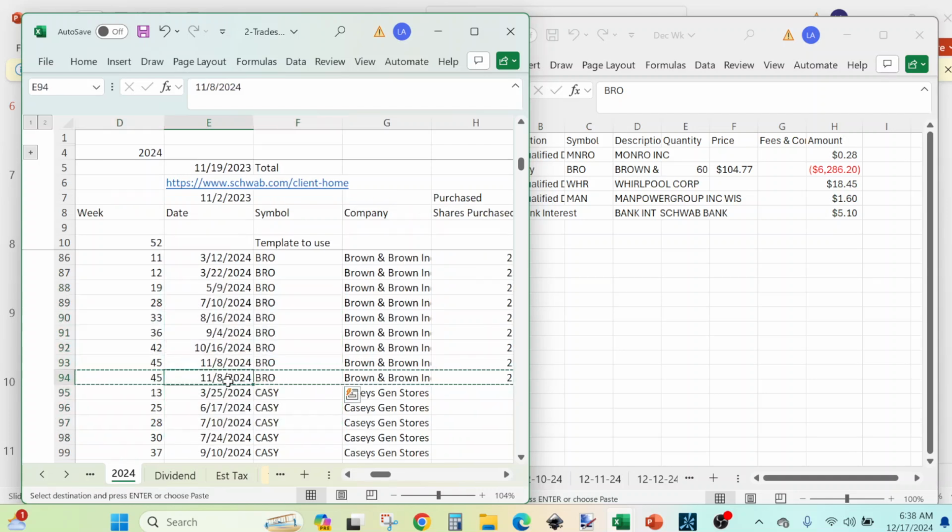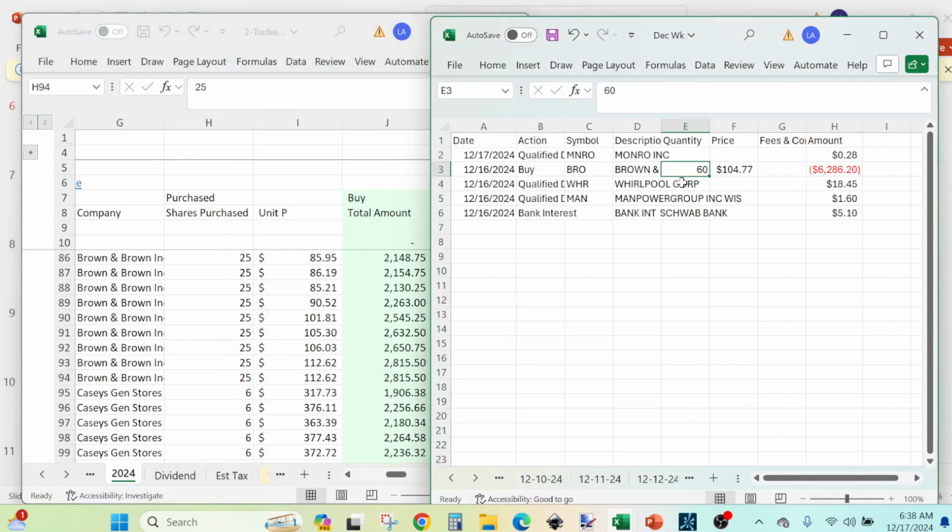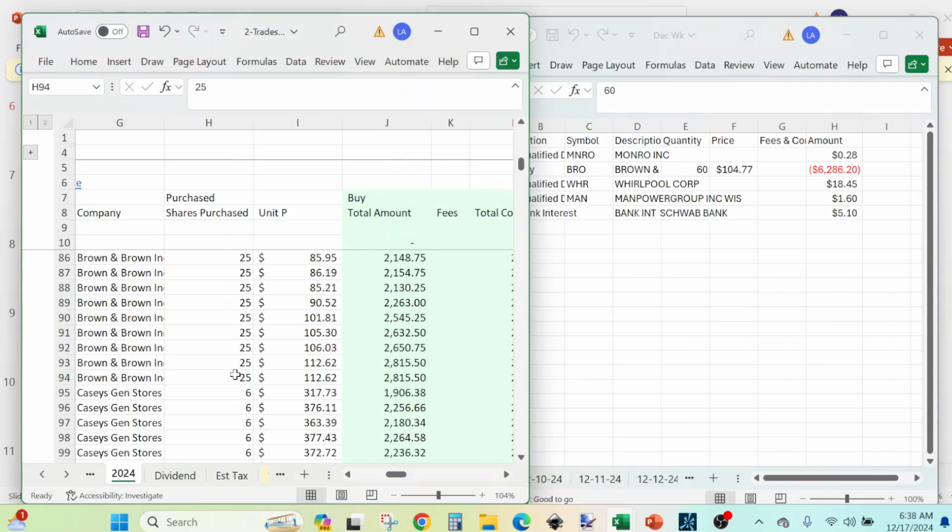So we duplicate the previous purchase, and we are going to change the date to December 16, 2024. And as you can see, we purchased 25.